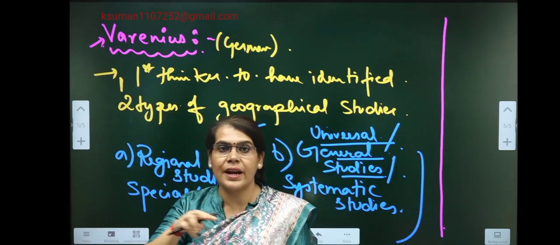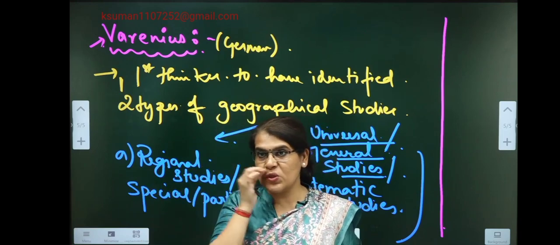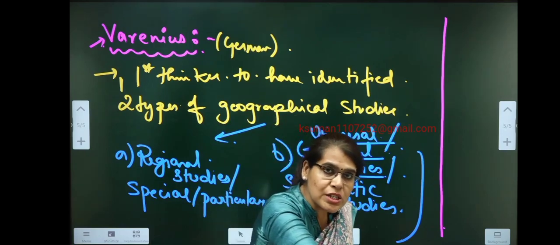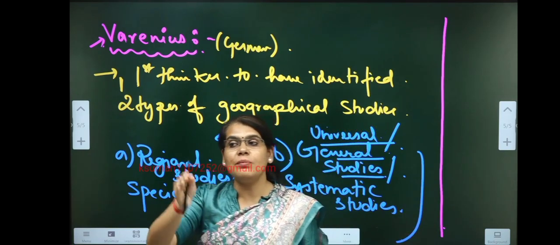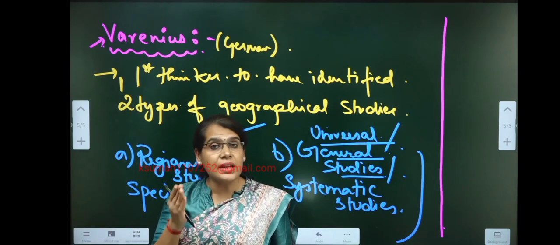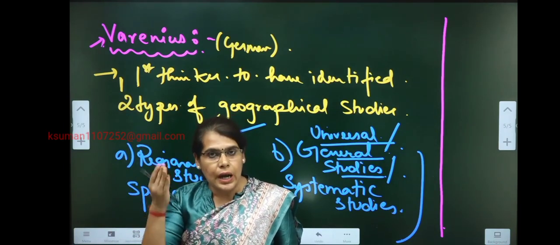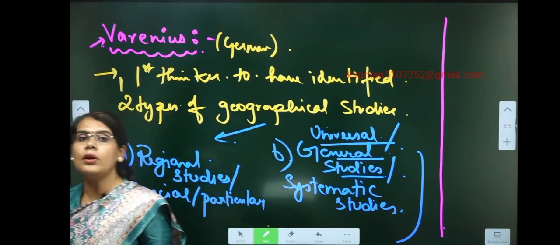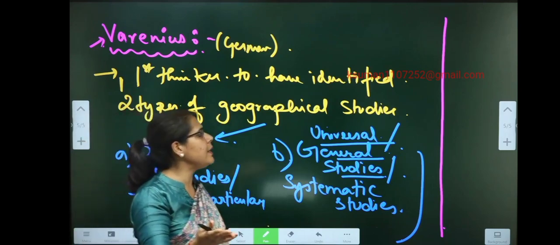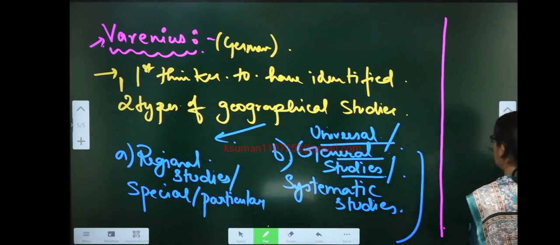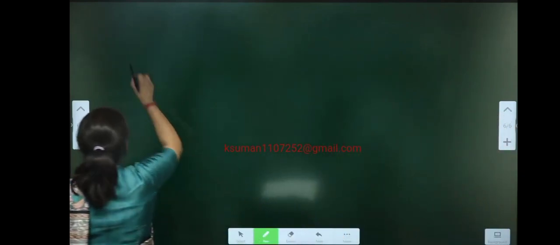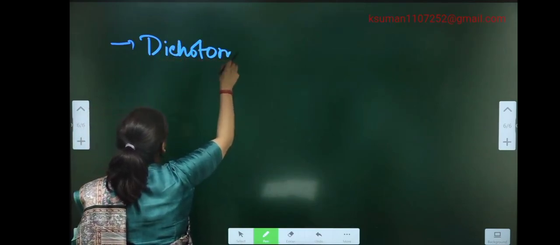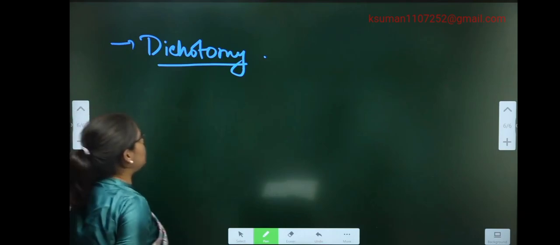Where? At regional or the systematic? So Varenius is the first person to identify that geography can be either particular or special, or geography can be universal or general. But next point, very, very important point, underline it or double underline it. However, Varenius did not create any dichotomy between the two.